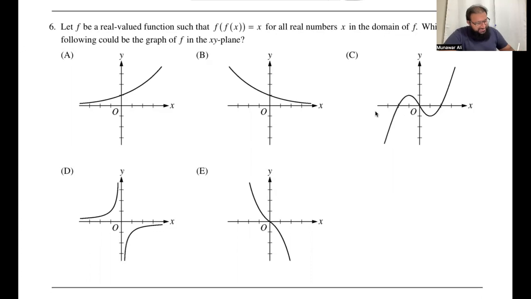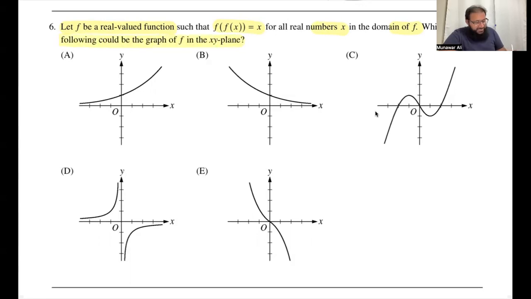Question 6 says: let f be a real valued function such that f of x is equal to x for all real numbers x in the domain of f. Which of the following could be the graph of f in the xy plane?